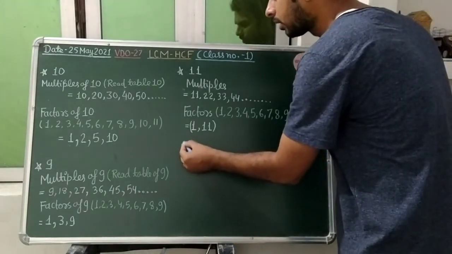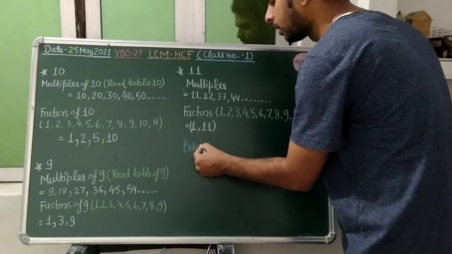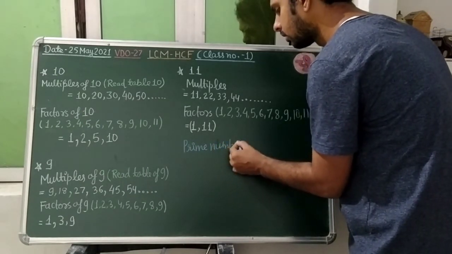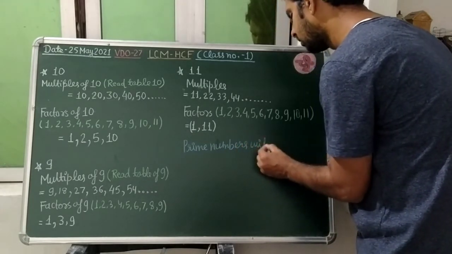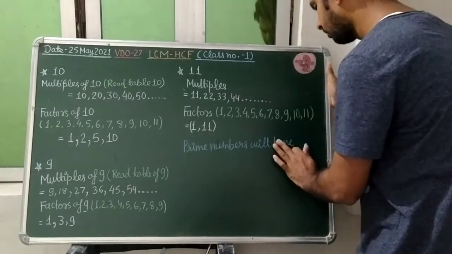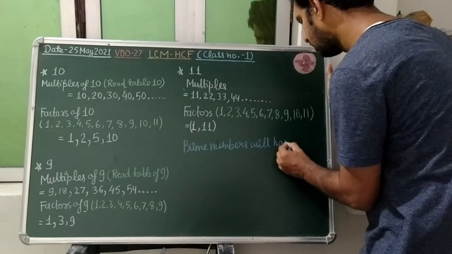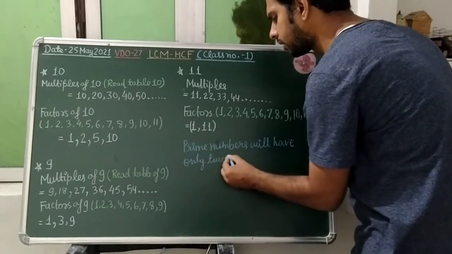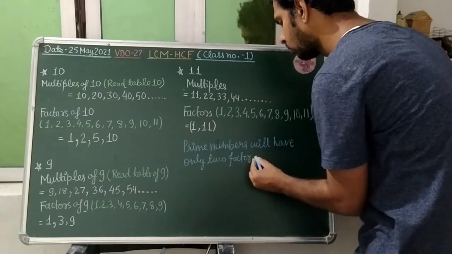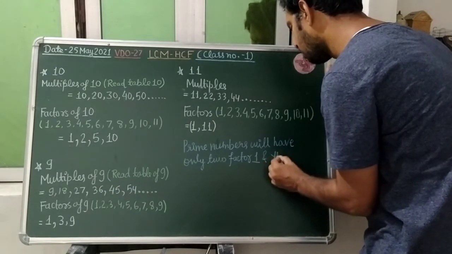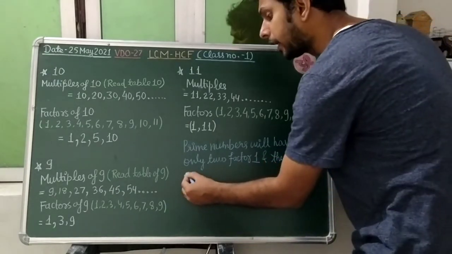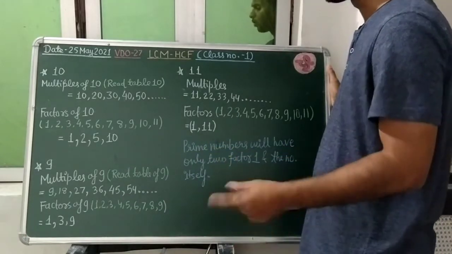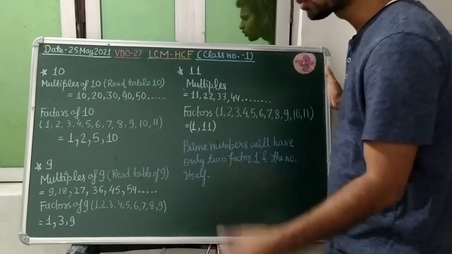Also, prime numbers will have only two factors, one and the number itself, as prime numbers are numbers greater than 1 which are divisible by 1 and itself, and factors are the numbers which divide the given number.